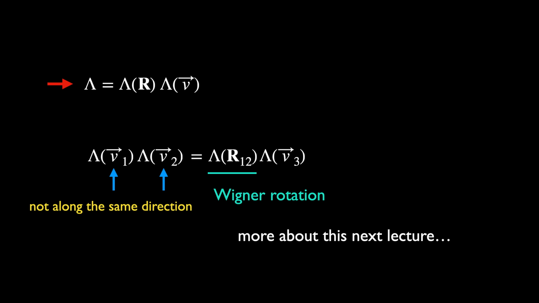As an aside, combining two Lorentz boosts whose velocities are not along the same axis will give us a resulting Lorentz boost with an additional rotation. This rotation occurs in the plane of V1 and V2 and is known as the Wigner's rotation. We shall prove this result in the next lecture, which will be important for our discussion on accelerated observers.